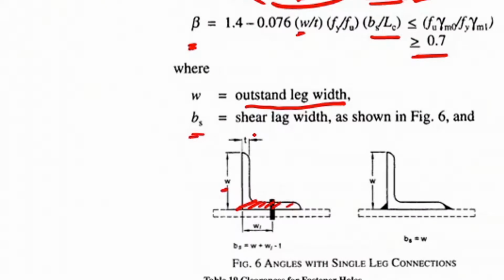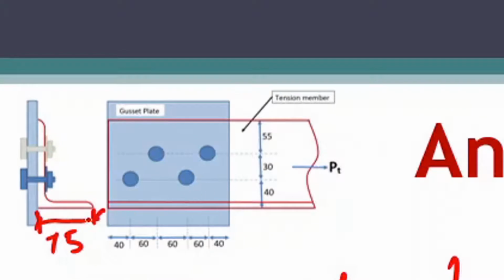Next, bs. bs is the shear lag width. Again, from figure 6 of IS 800-2007, bs is equal to w plus wl minus t. Here w is the outstanding leg width, plus wl, the distance from the corner to the center of the bolt. In our numerical, the distance from the corner to the center of the first bolt is 40 mm, so that is wl.